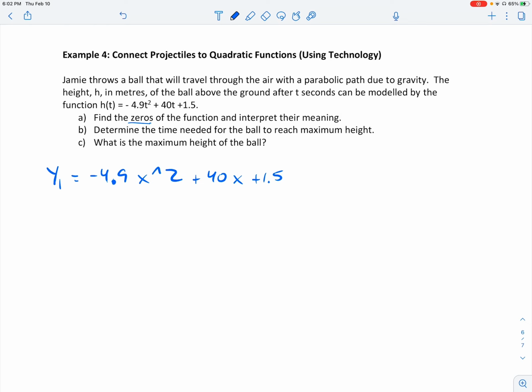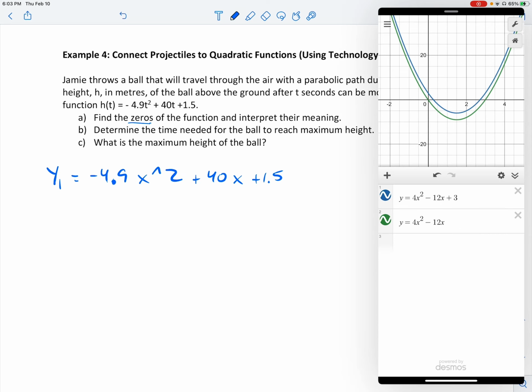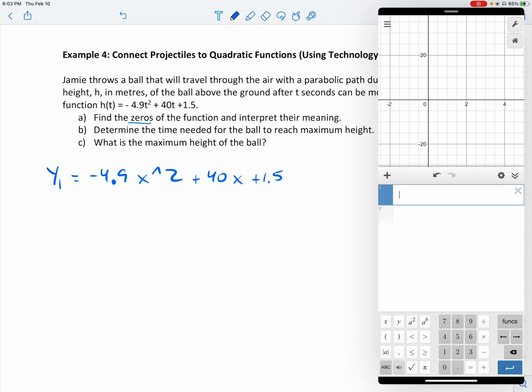I'm going to just use Desmos for simplicity, and I'll be entering that same equation in here. So we have y equals negative 4.9 times x squared. By the way, just to point out, if you're using Desmos, when you enter negative 4.9, you want to use the negative symbol and not the minus sign on your graphing calculator.